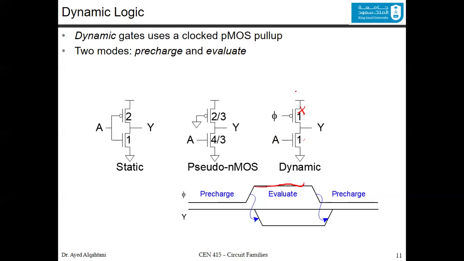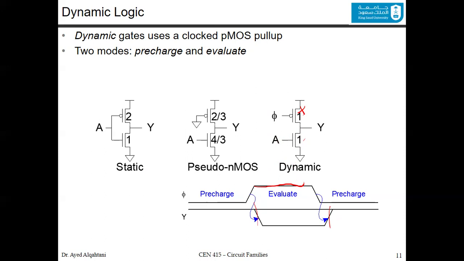In our case, this is the simple inverter. So we evaluate, and based on the value, you get the output, whatever value you have in the A. This is the idea of the dynamic logic circuits.